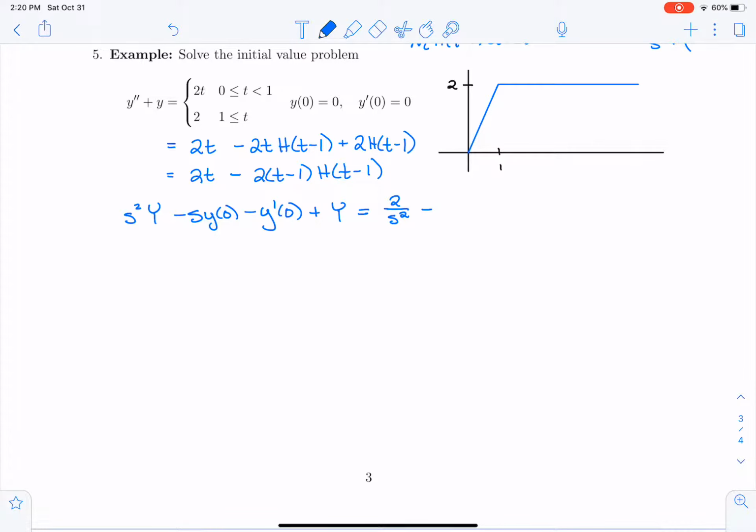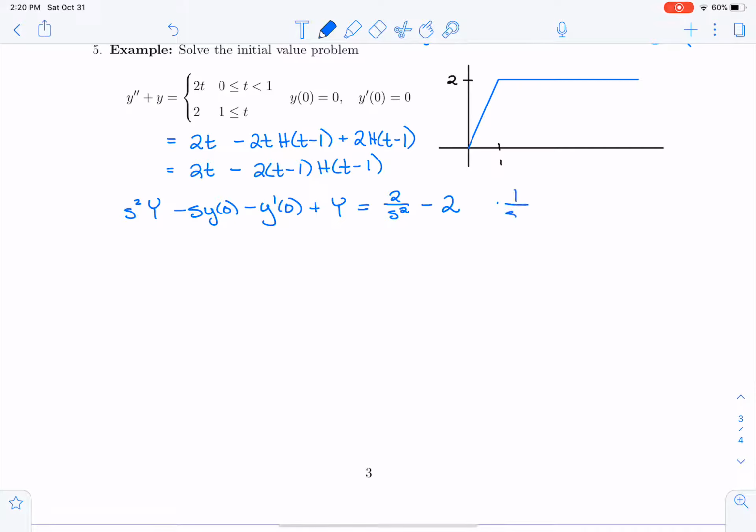So that's going to be a 2. And then the Laplace transform of t would be 1 over s squared. So the Laplace transform of t minus 1 times h of t minus 1 is going to be e to the minus s times 1 over s squared.